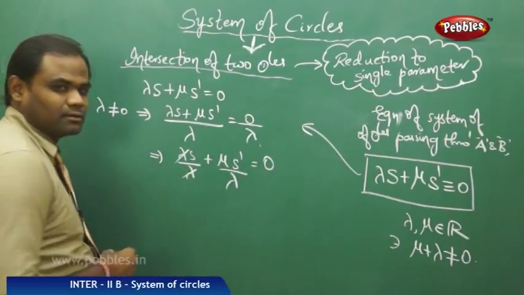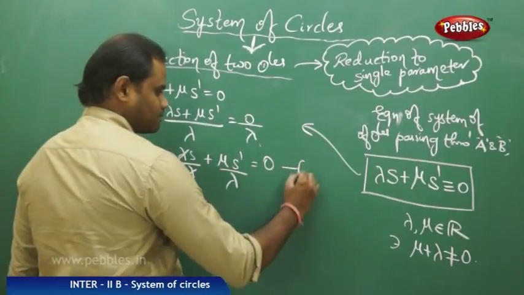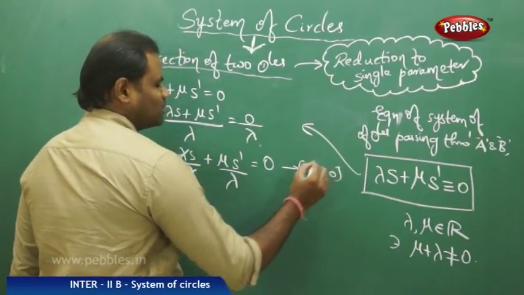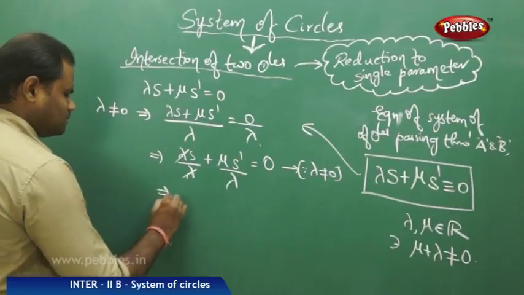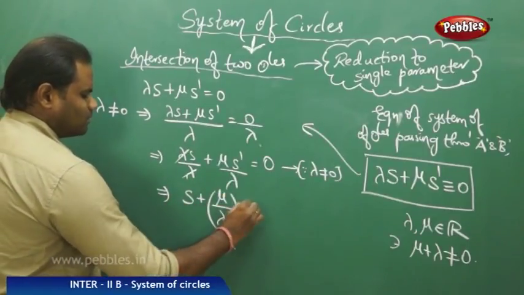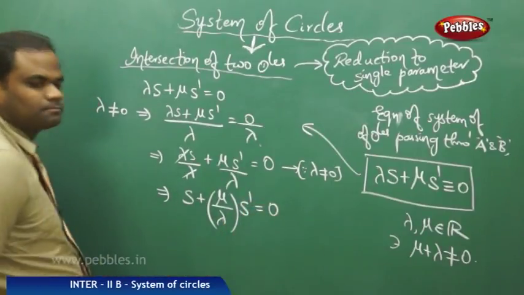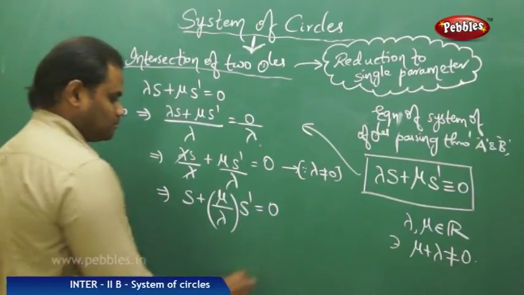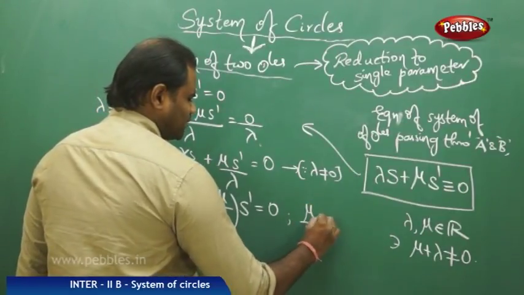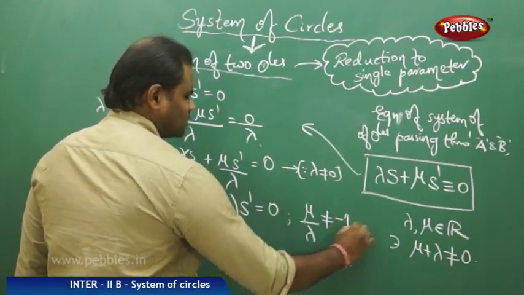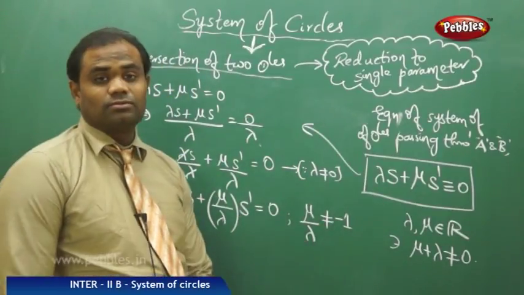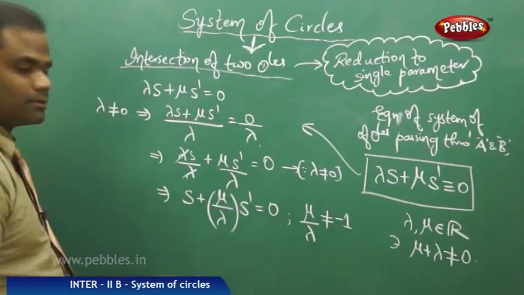On cancelling, since lambda is not equal to 0, I get S + (mu by lambda) S' = 0, where mu by lambda is not equal to minus 1. Let's see why this is not equal to minus 1 in the following.